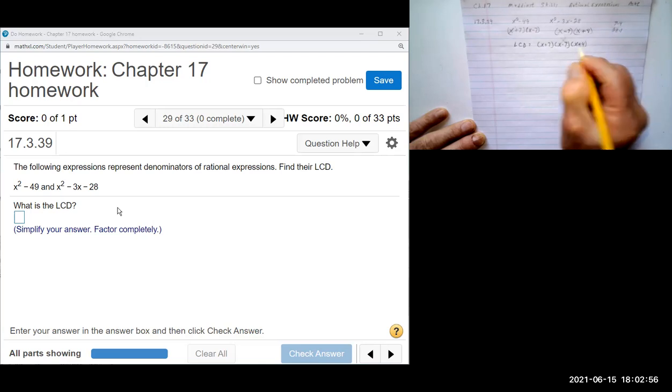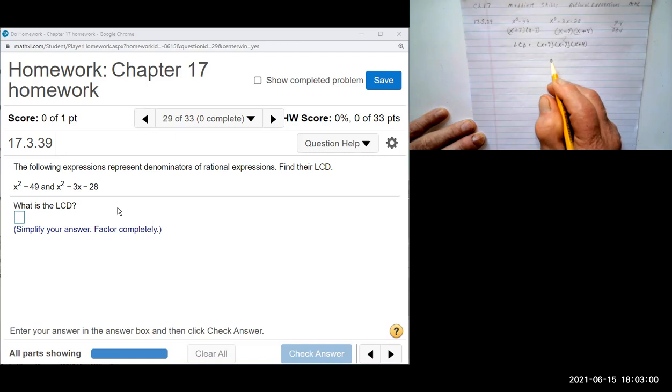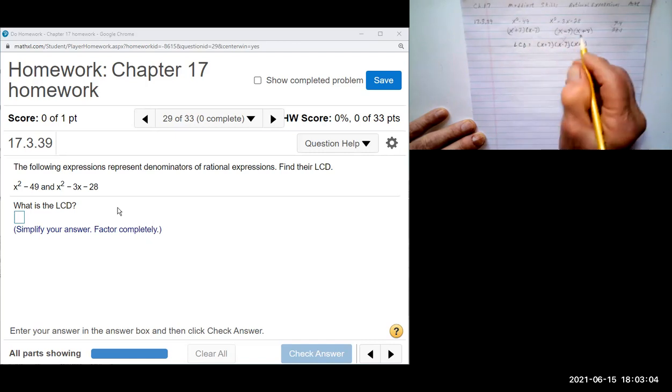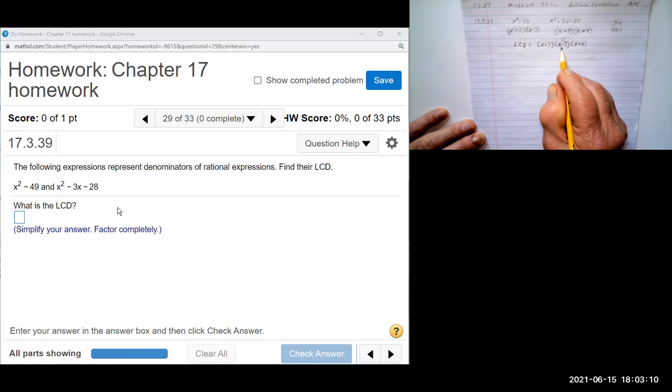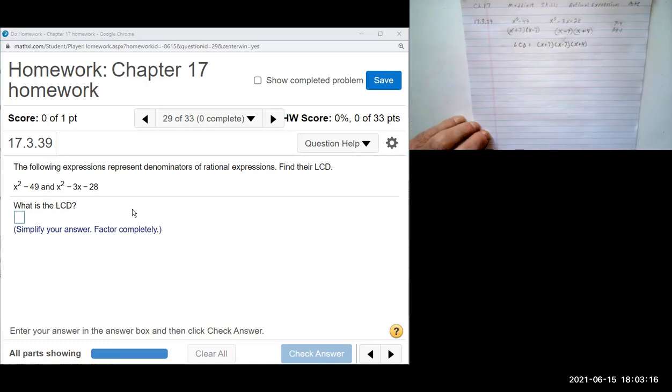So there are 4 factors, but there are only 3 different ones. Then the question becomes, what's the most I see each factor in either of the 2 factorizations? X plus 7 only occurs once, maximum once. X minus 7 occurs a maximum once, and x plus 4 occurs a maximum once. So this is the LCD.